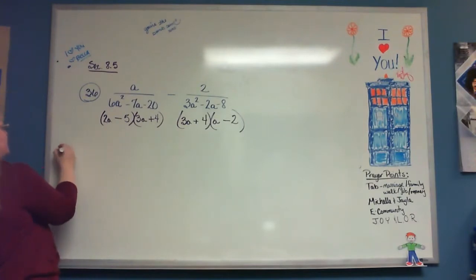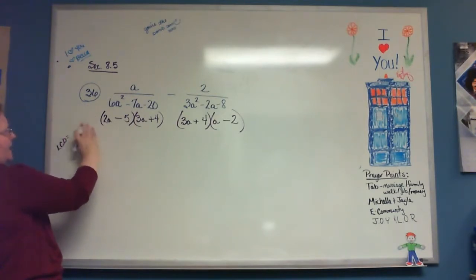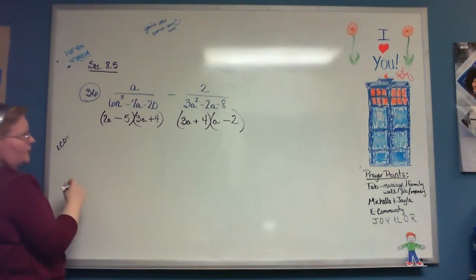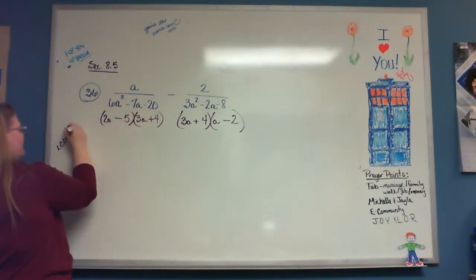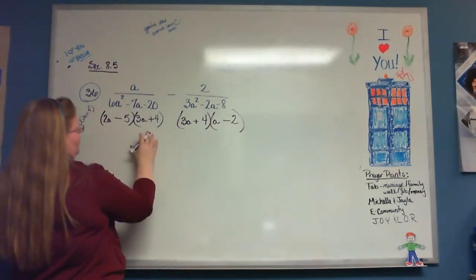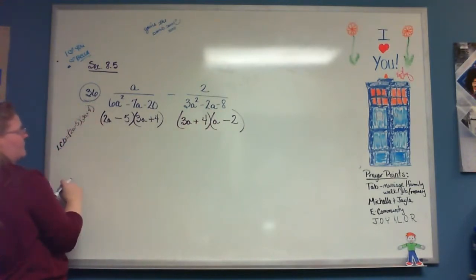Now, for my LCD, notice how I'm writing it off to the side instead of in the middle of the problem now? Another one of those little shortcut deals. So, it has to have everything from this one, 2a minus 5 and 3a plus 4. And then, what do I need to add from this one that isn't already there?